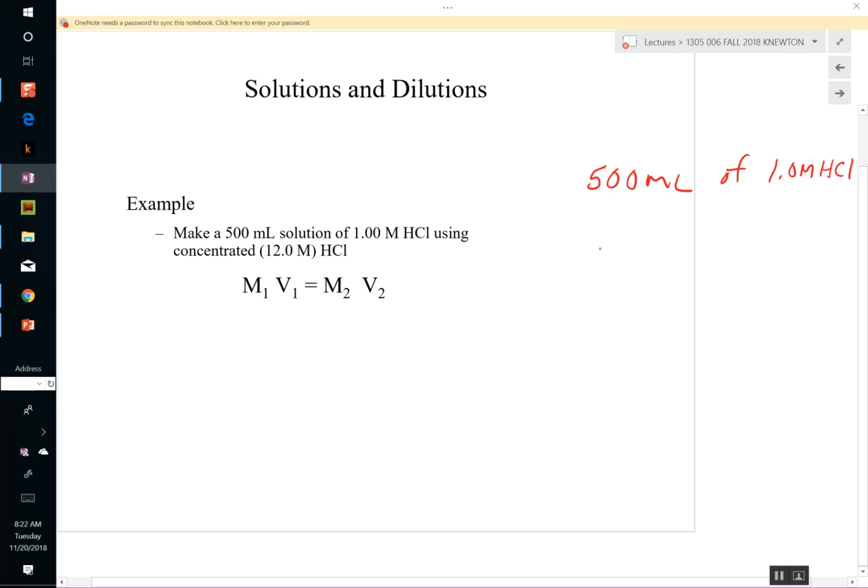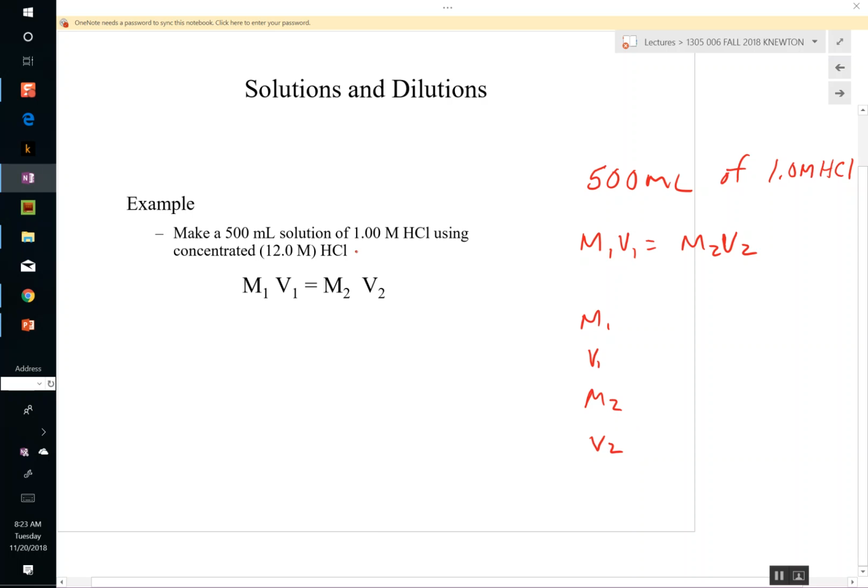So that means in this equation right here, I've got to say, what is M1, what is V1, what is M2, what is V2. Make a 500 milliliter solution of 1 molar HCl using concentrated 12.0 molar hydrochloric acid.